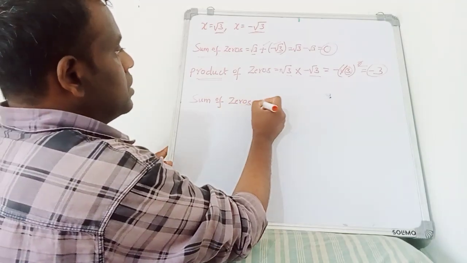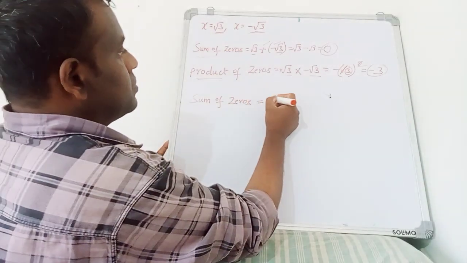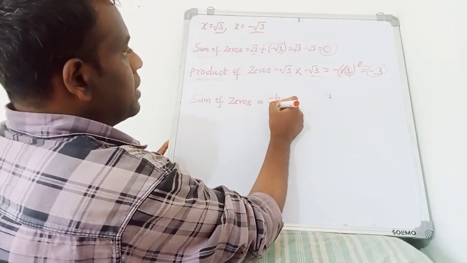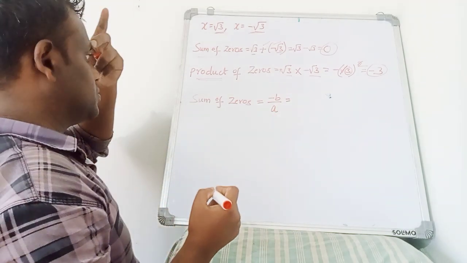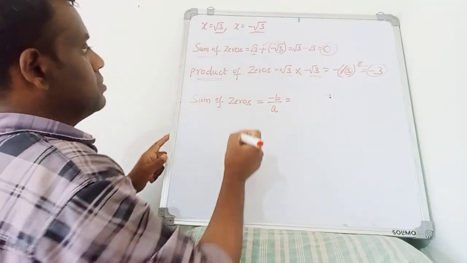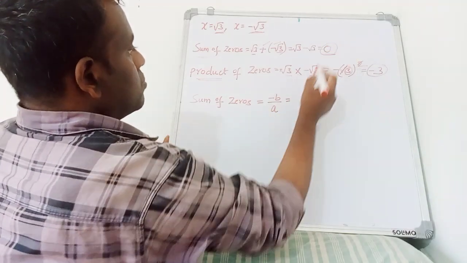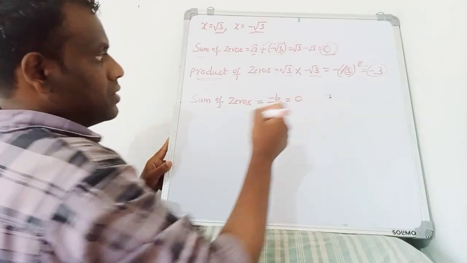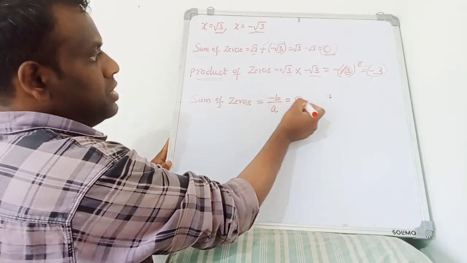So sum of zeros in terms of coefficients we can write like this: minus b by a. Sum of zeros is equal to minus b by a. So how much did we get here? 0. So we have 0 right here for minus b.